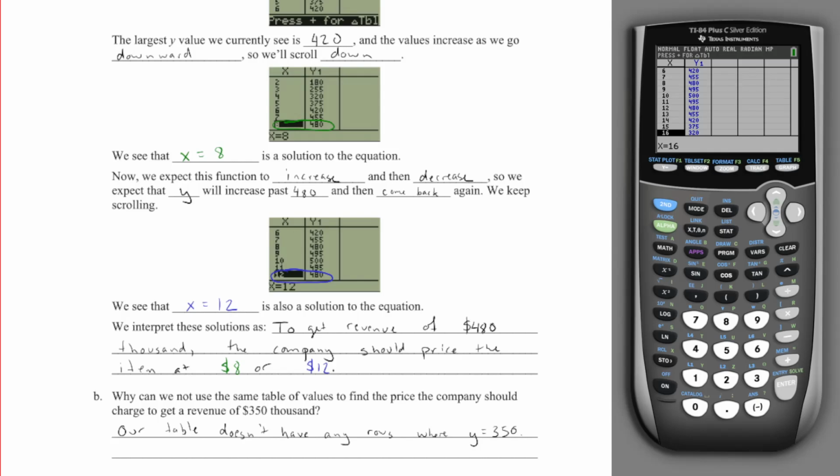We expect that this function is somehow smooth. So we expect a solution between 15 and 16, and one between, what was the other pair of numbers?